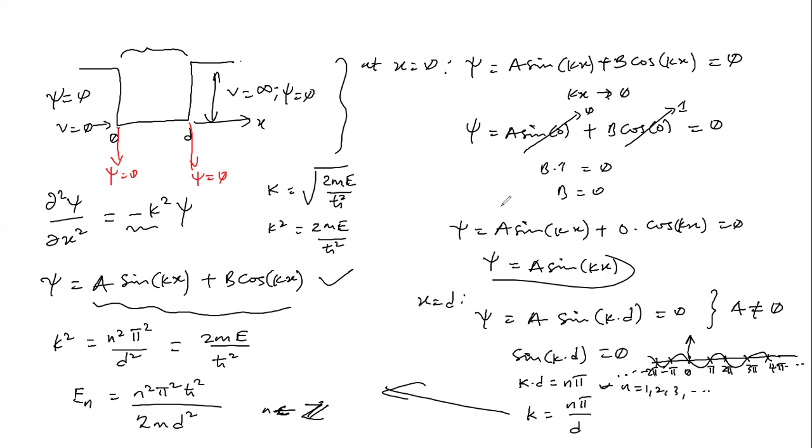From this expression, E sub n is equal to n squared pi squared h cross squared over 2md squared, for n taking on integer values. So you observe that the energy does not exist at n equal to 0, and you also note that the energy is directly proportional to the square of n.